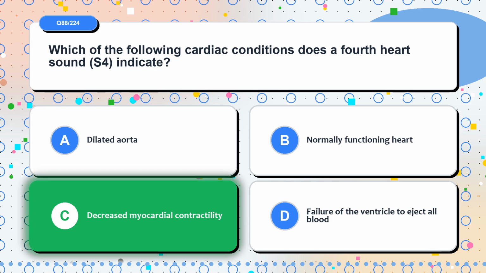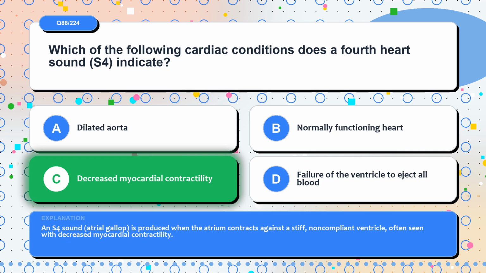The correct answer is option C. Decreased myocardial contractility. An S4 sound, atrial gallop, is produced when the atrium contracts against a stiff, non-compliant ventricle, often seen with decreased myocardial contractility.